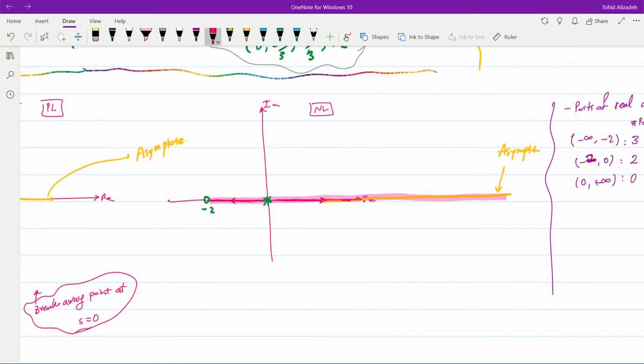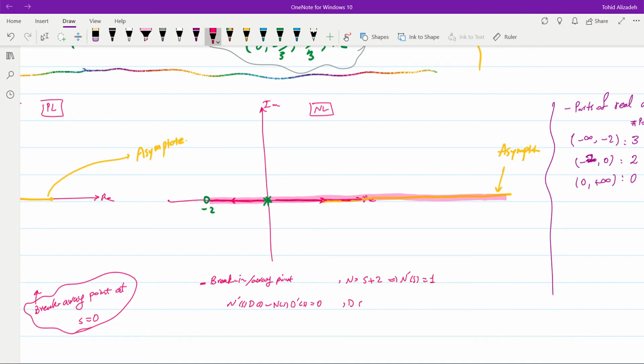If you remember, to find out the break in and break away points, we need to find out n prime times d minus n times d prime equal to 0. For n we have s plus 2, so n prime is equal to 1.